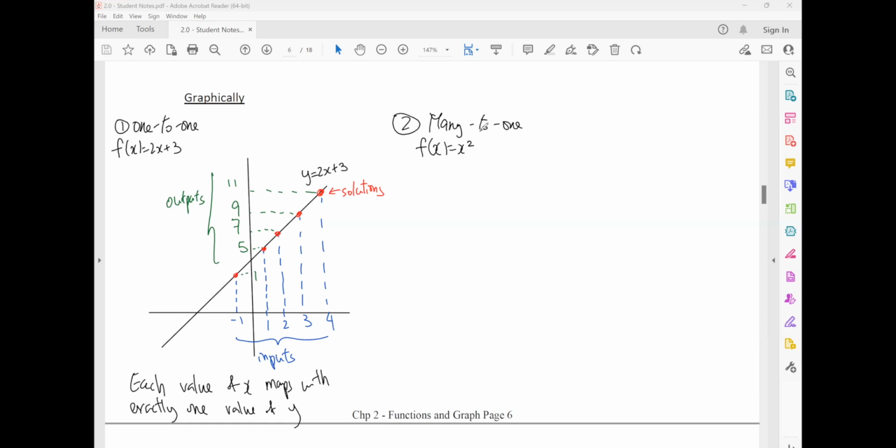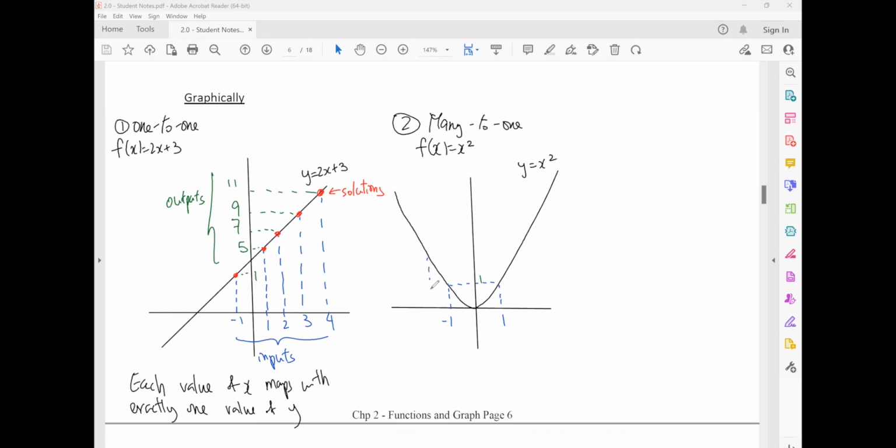Let's draw a graph of x squared using my amazing bare hand drawing skills. Close enough, not good enough. Okay, a little bit better. So y equals x squared. If you imagine this is our input of -1 and 1, they share the same output, which is 1.